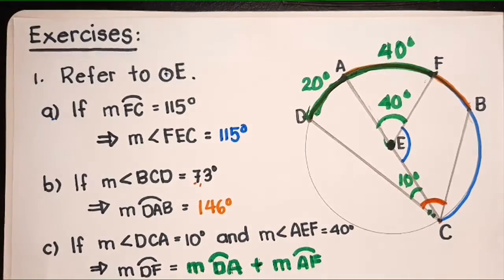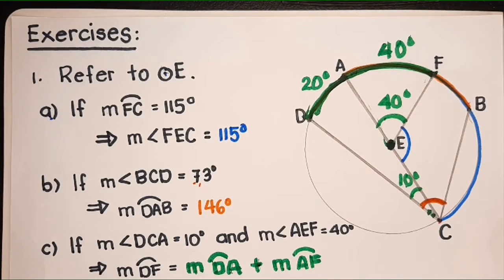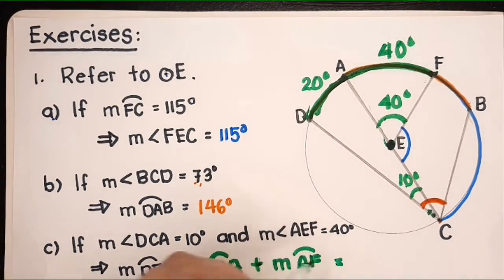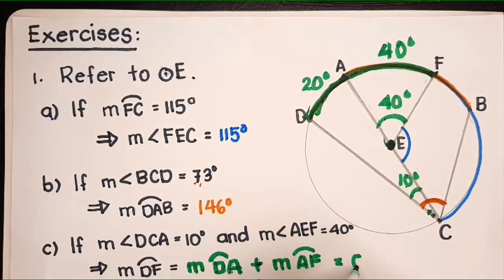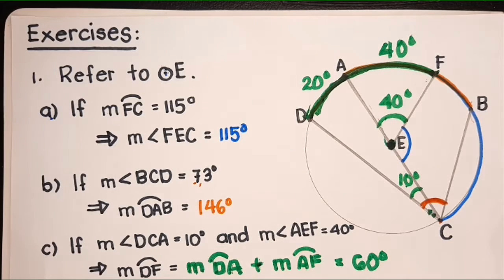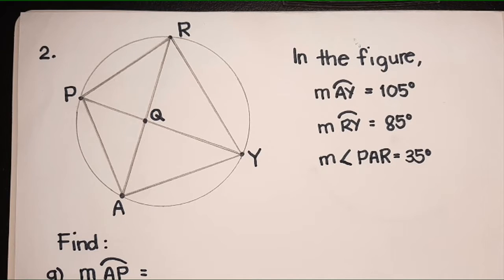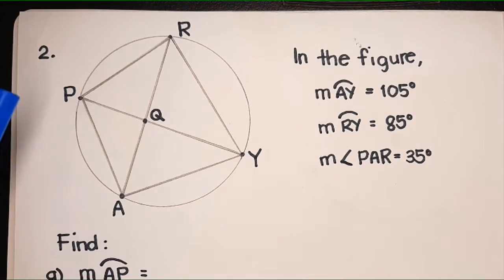This is by arc addition postulate. So you will get 20 degrees plus 40 degrees equals 60 degrees. Okay, so let's have another example. Let's consider this figure.